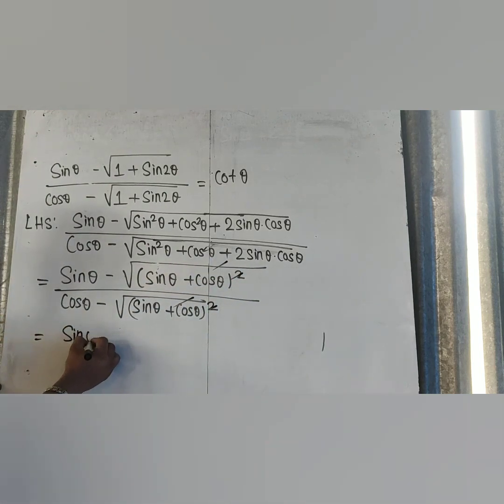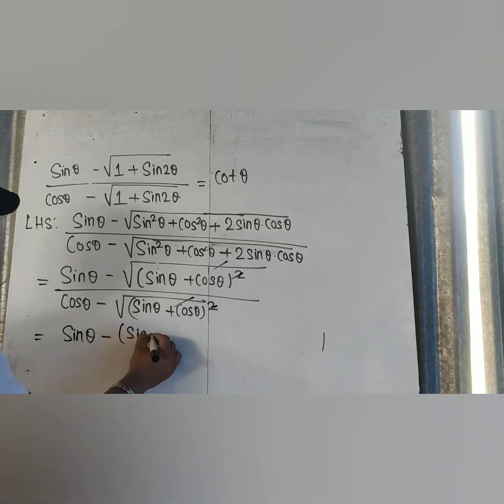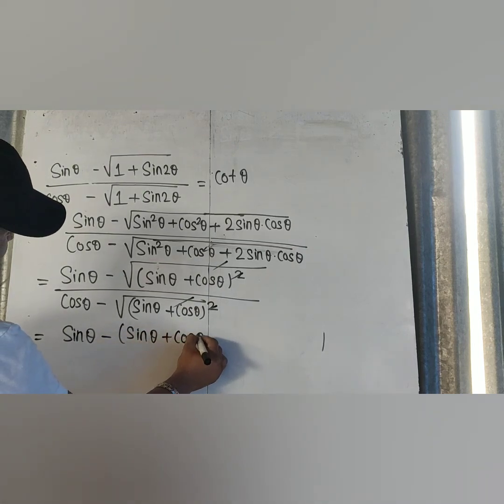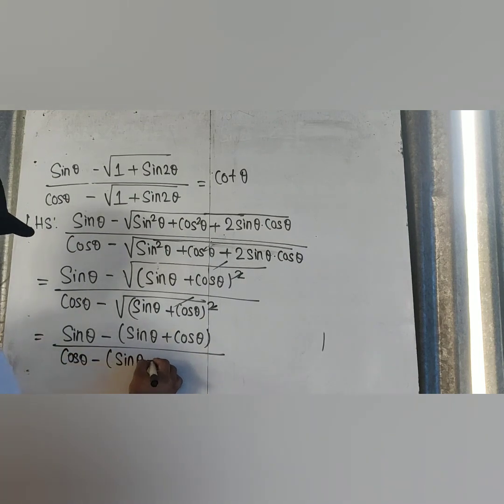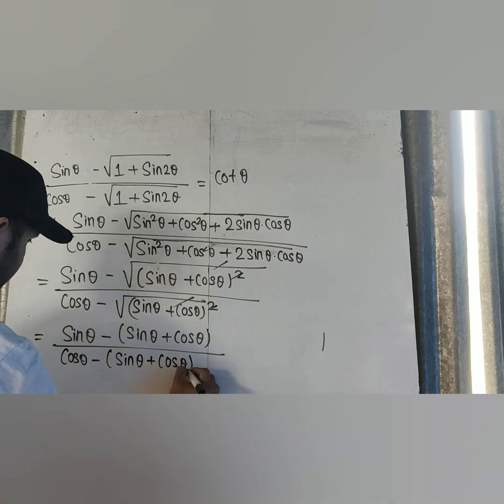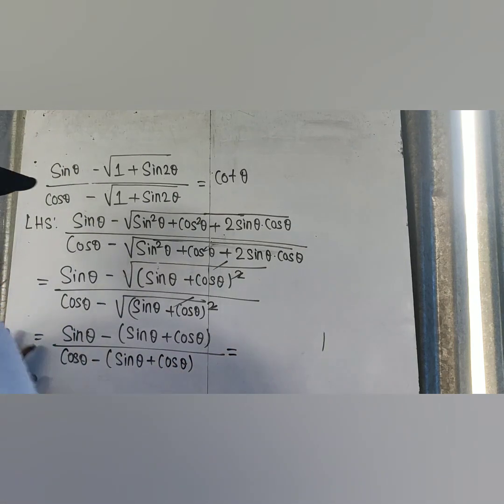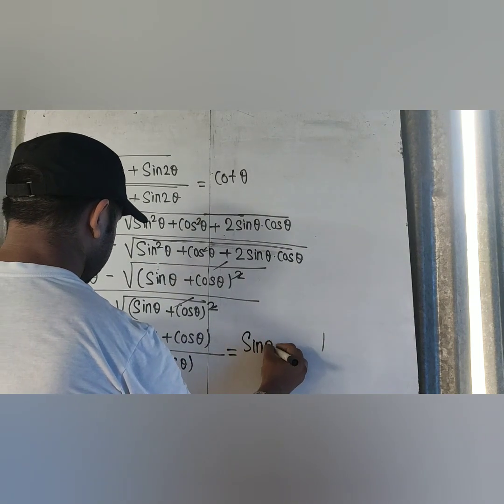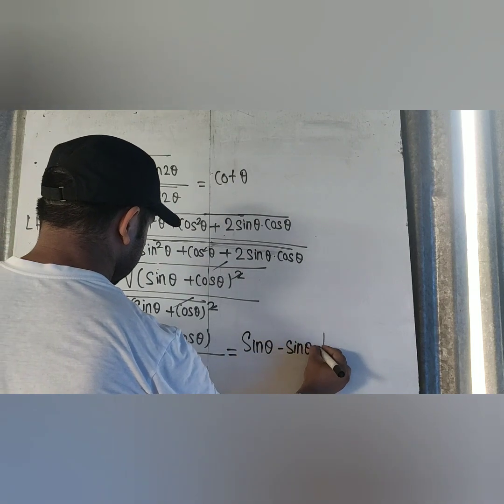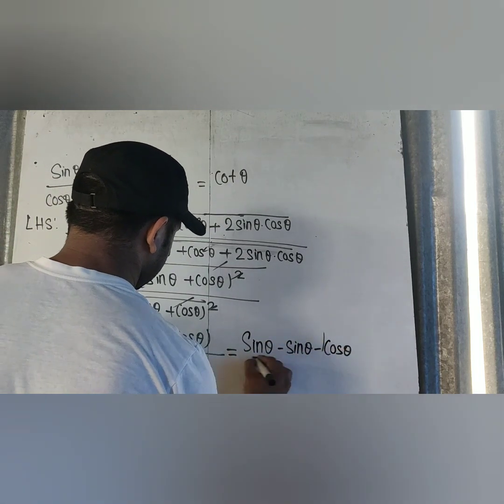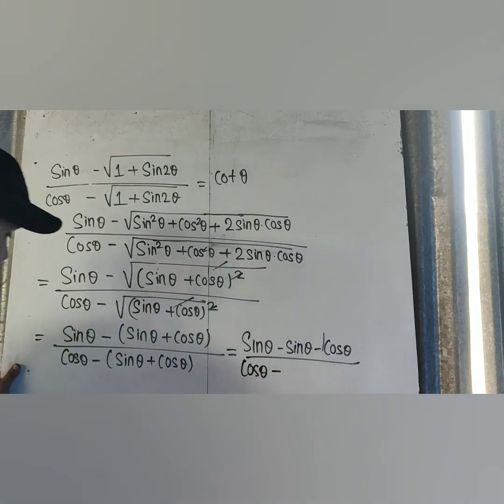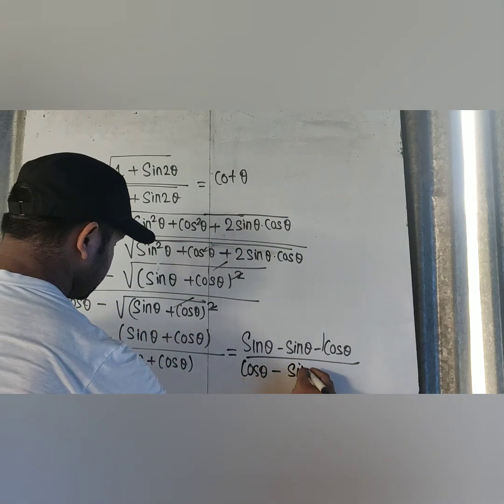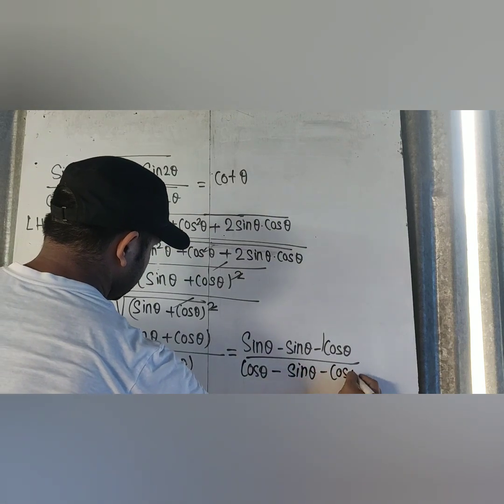You have sin theta minus sin theta plus cos theta by cos theta minus sin theta plus cos theta. Now when you remove the bracket, you will have sin theta minus cos theta over cos theta minus sin theta minus cos theta.